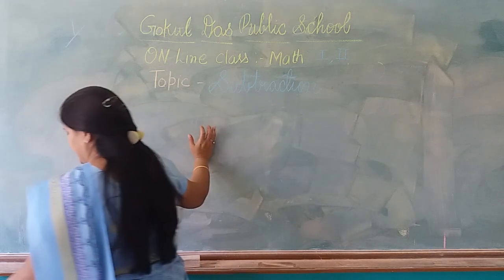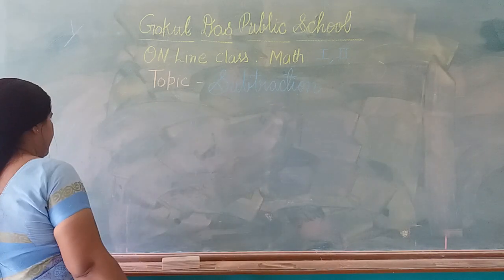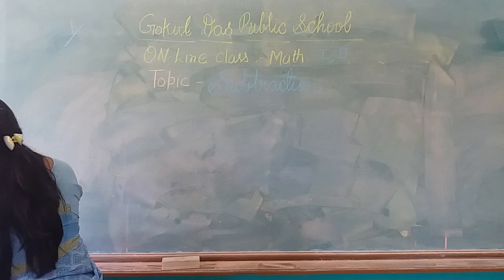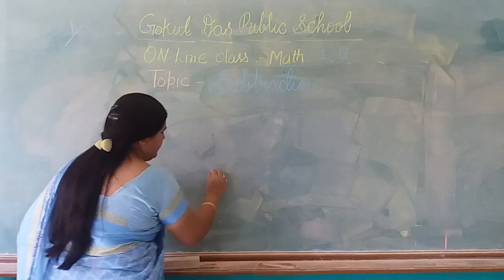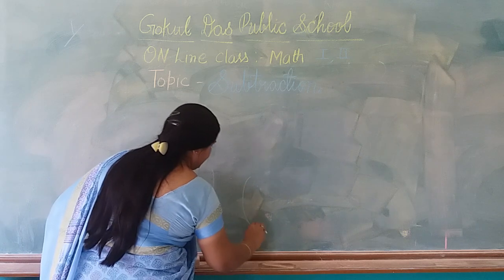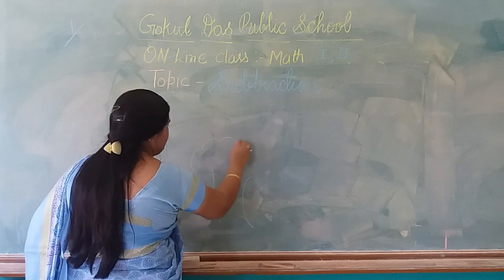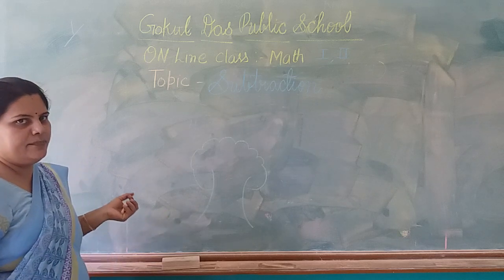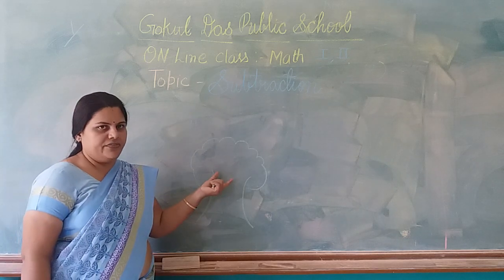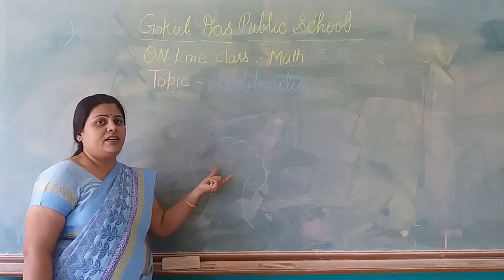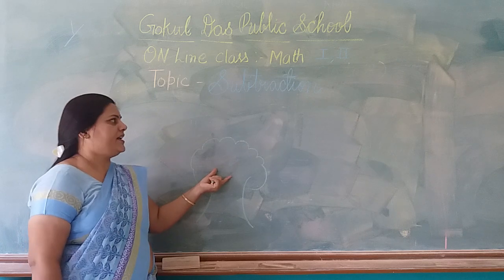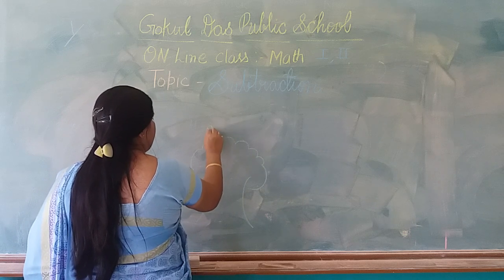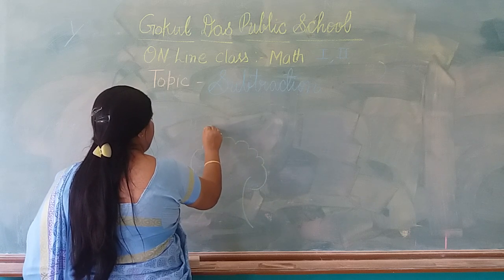To make you learn about subtraction, again I will draw one picture for you. See, this is the picture of a tree. Again I am giving you the same example which I gave you in addition, but this time there is a little difference. This time this example will show you subtraction. Again I will make some birds on the tree.